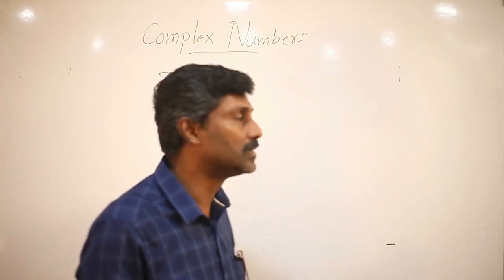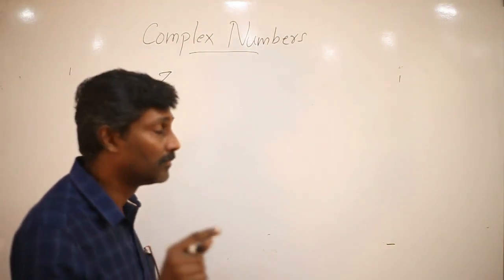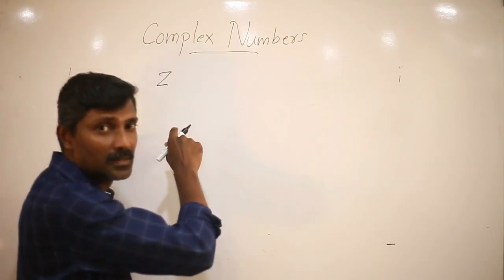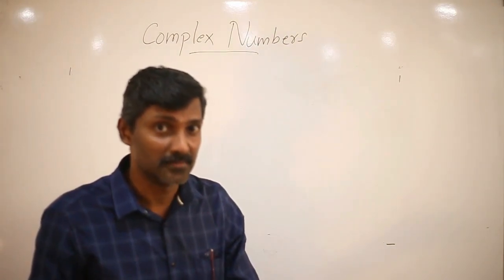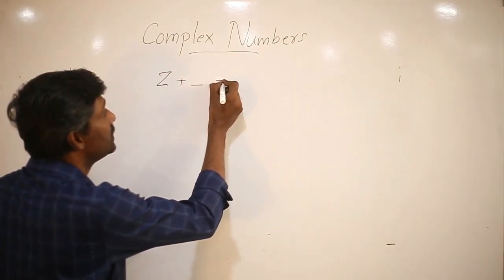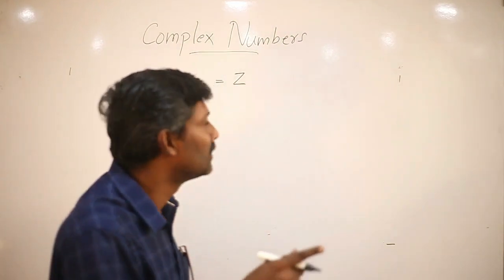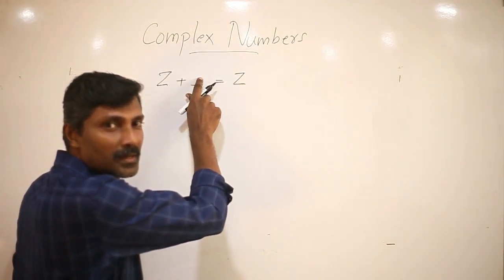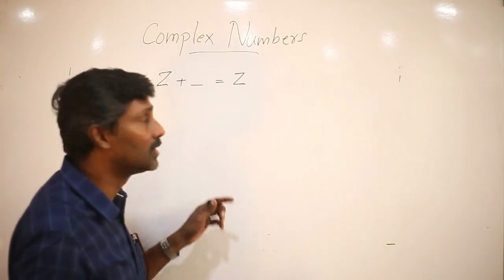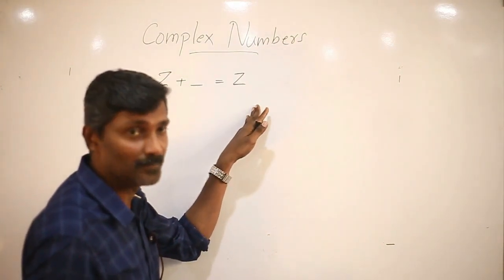It is that number which, when added to Z, gives you Z. Like Z plus dash is equal to Z. Just think, which number put here will give you Z? Z plus something is equal to Z.